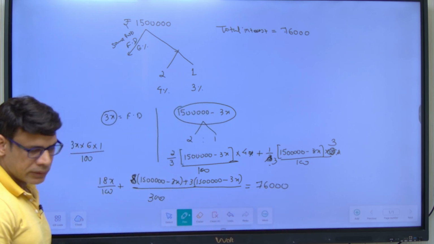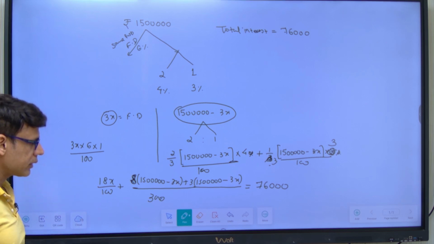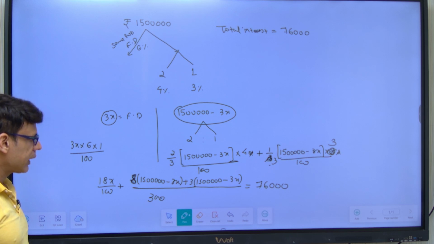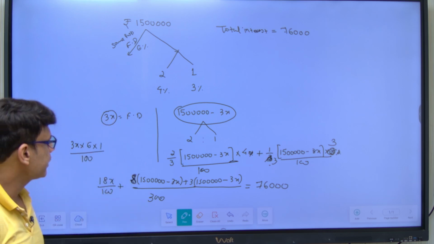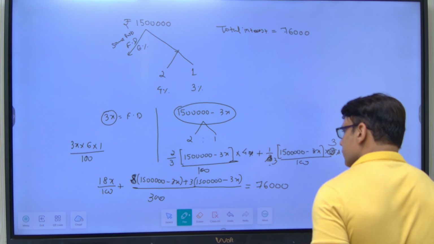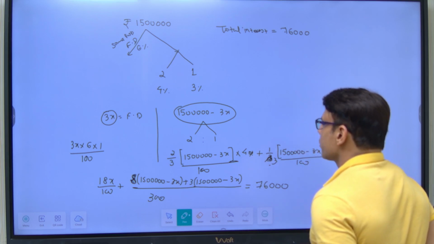This much interest you will be earning. When you solve it, you will get the value of x. And once you get the value of x, multiply it with 3, because the question was how much money you invested at 6% rate of interest.